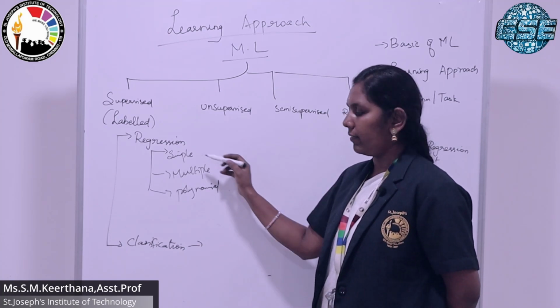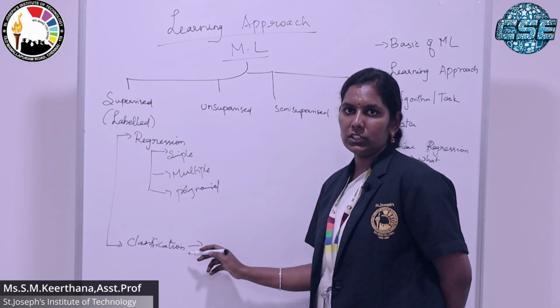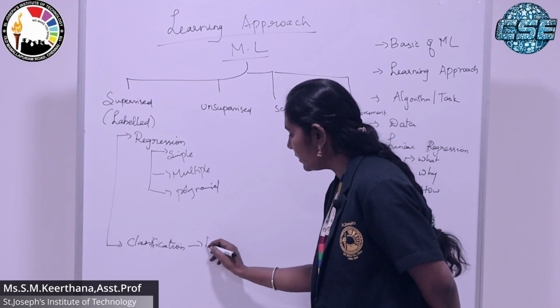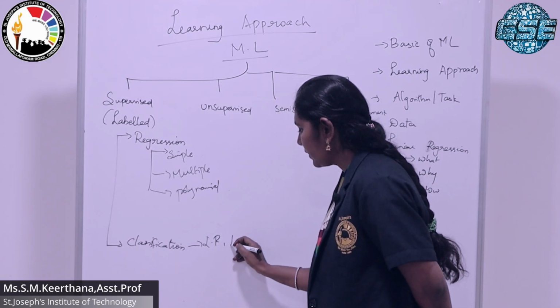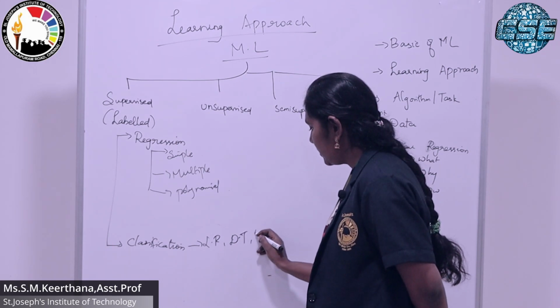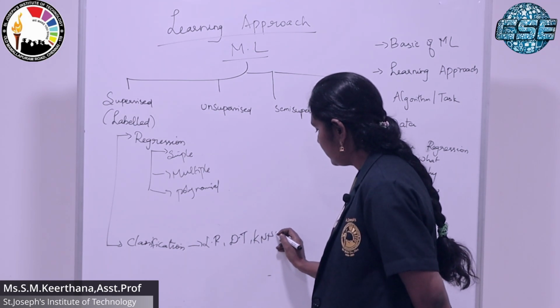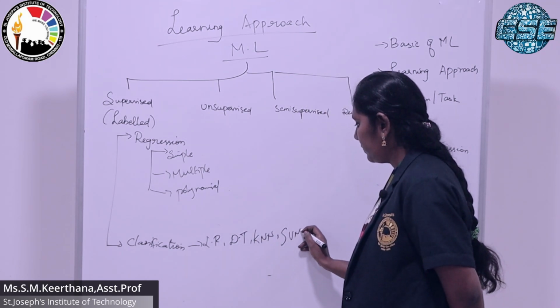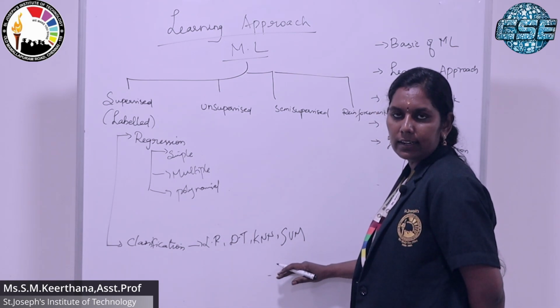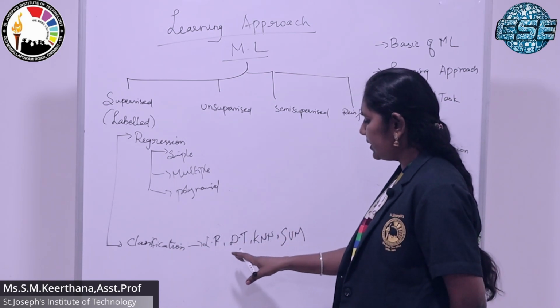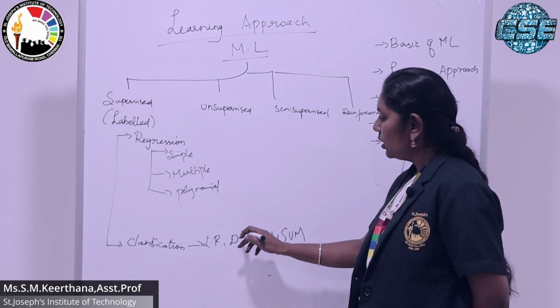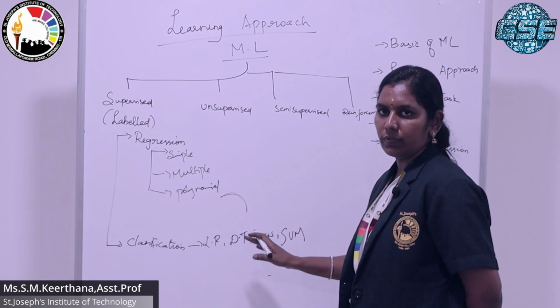These are the algorithms available. Similarly, for the classification task, we have a few algorithms like logistic regression, decision tree, KNN and SVM. Among these algorithms available in classification, decision tree can be used for both regression and classification.